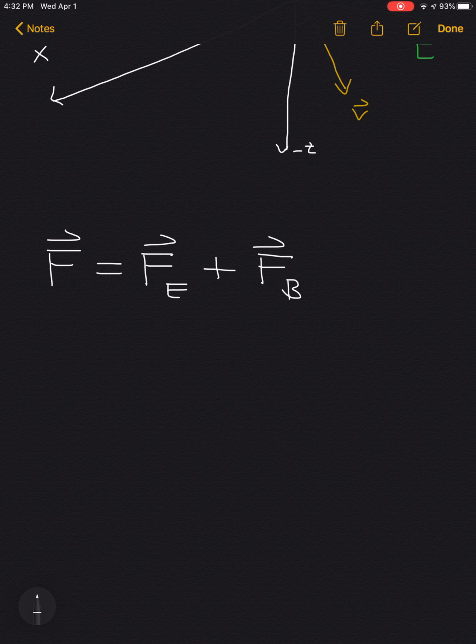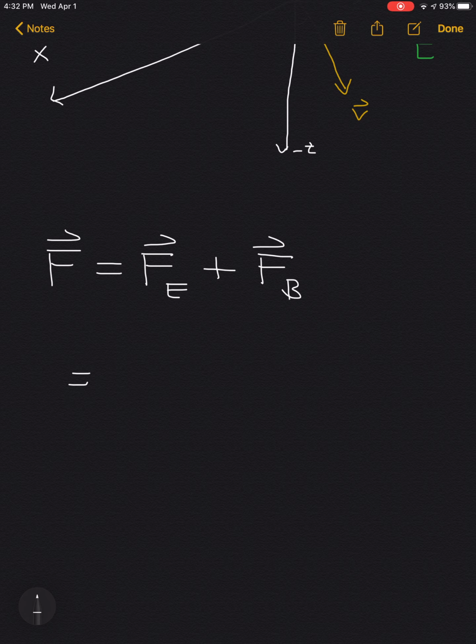So getting to the main issue, we want to find the total electromagnetic force on this particle. Now, the total electromagnetic force on the particle is composed of two pieces. There's the electric field component, and there's the magnetic field component that we are learning about right now.